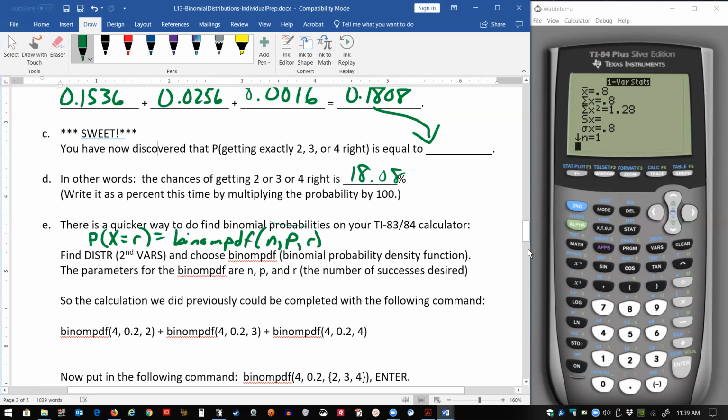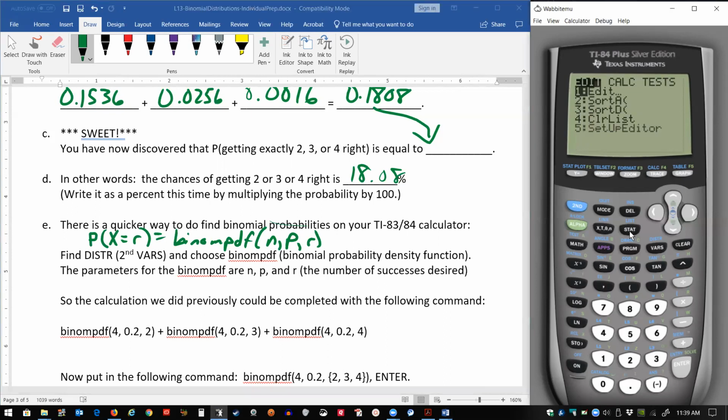So know that connection. Know we can generate the entire probability distribution in our tables, enter the outcomes into list 1, and then in the heading of list 2, do a binomial PDF, but for the third option, just put list 1 in, and it'll automatically generate all the probabilities for all of the outcomes in list 1. That's going to be a time saver.